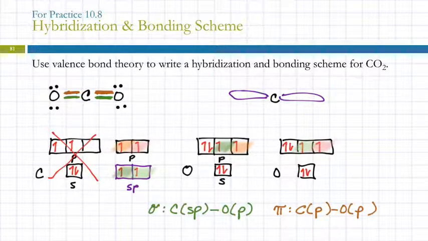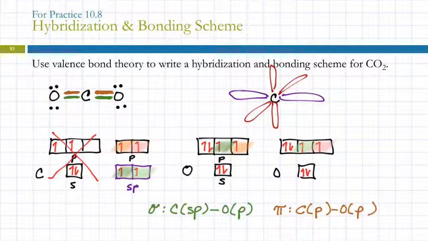And then it has two p orbitals, and the p orbitals are perpendicular to those hybrid orbitals. So we have a p orbital up and down, that's one orbital. And then we have another one that's coming in and out. Okay, so there's my two hybrid orbitals and two p orbitals.